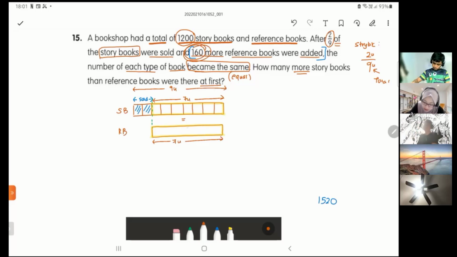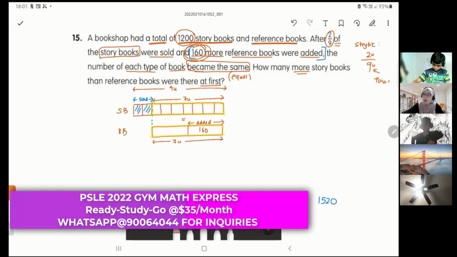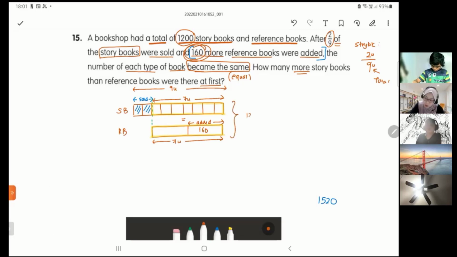Let's say this is 160. This is what I added. And my total will be 1,200. Don't forget I add in 160.